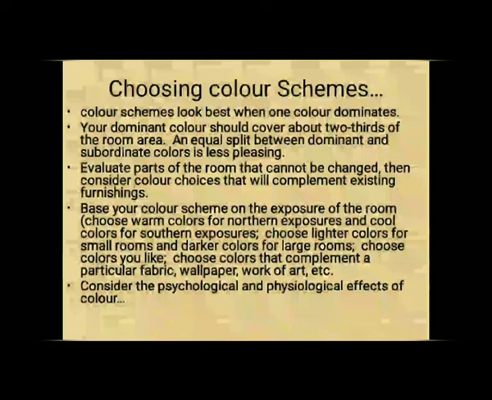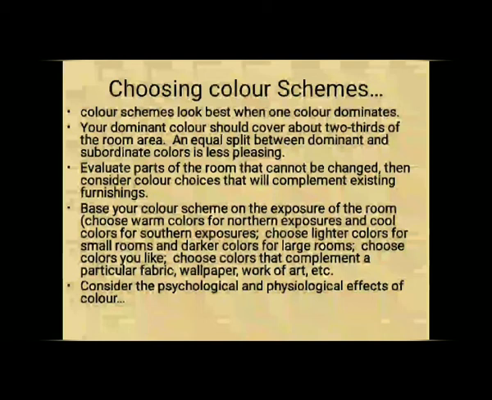Base your color scheme on the exposure of the room: choose warm colors for northern exposure and cool colors for southern exposure. Choose lighter colors for small rooms, darker colors for large rooms. Choose colors you like. Choose colors that complement a particular fabric, wall, work of art, etc. Consider the psychological and physiological effects of color.